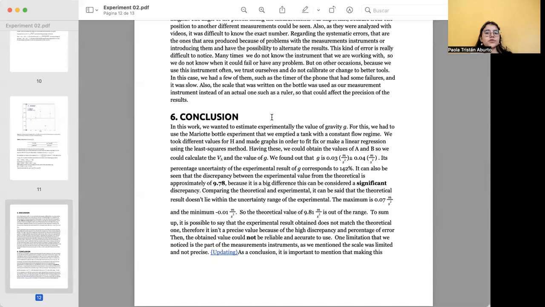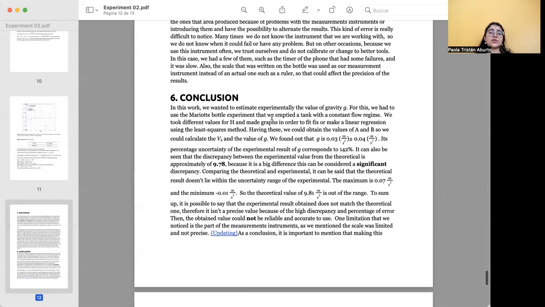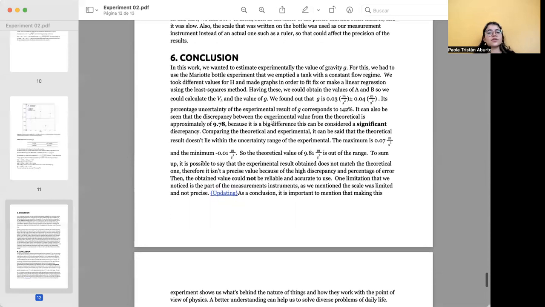And another error was the scale that we use, because we use a written scale on the bottle, and we didn't use the correct measurement instrument such as a ruler or something more precise. So that could affect the precision of our results.